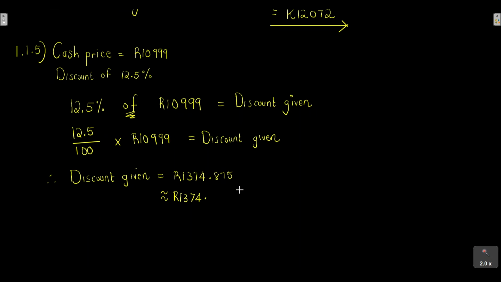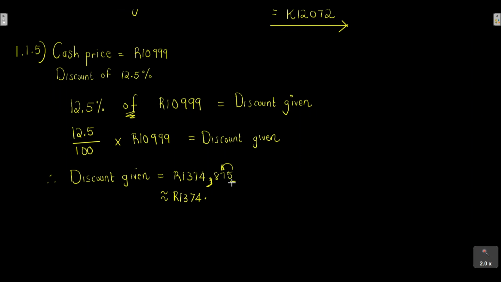1,374 point... When you round off to 2 decimal places, guys, you need to look at the third digit after the comma, and this 5 will tell us what we need to do to the 7. If you have a value of 5 or above, that means we need to round the value up.